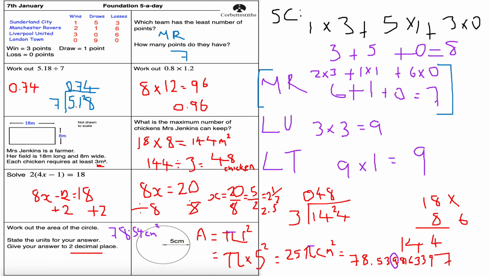Sometimes these questions may appear on a calculator paper, and it might say give your answer in terms of pi. In that case, you would obviously leave your answer as 25 pi centimeters squared. But if it's asking for two decimal places, or two or three significant figures, then it's going to require you to use your calculator in your exam.